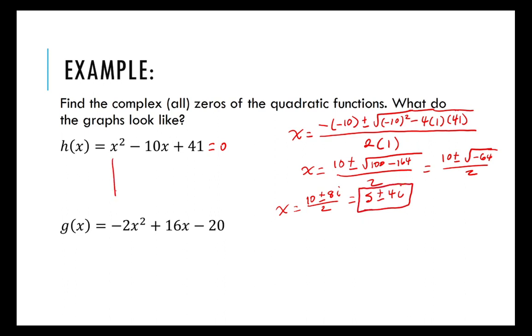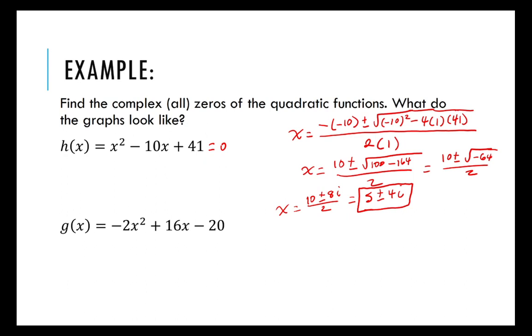And then if we were to consider the graph, I don't actually know all the places that it falls. We could find it. But I do know that it opens up because the leading coefficient is positive, and because it has complex zeros, it does not cross the x-axis. And so it is some parabola above the x-axis. Could be over here, here, here. We would have to figure that out, but it definitely opens above the x-axis.